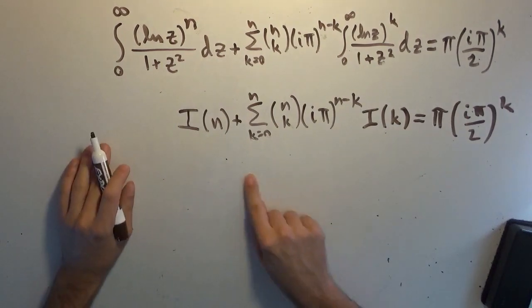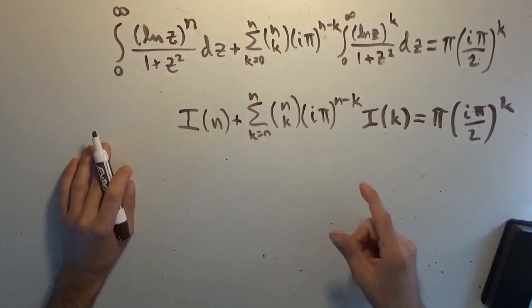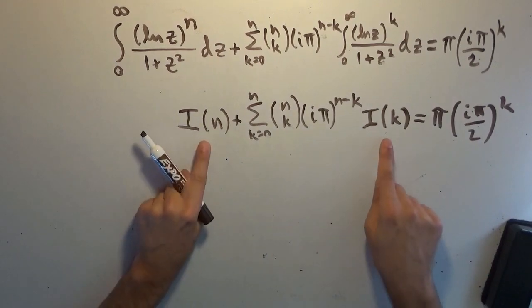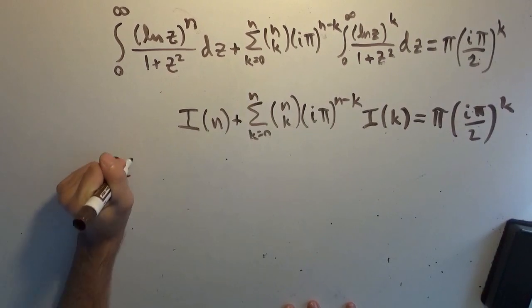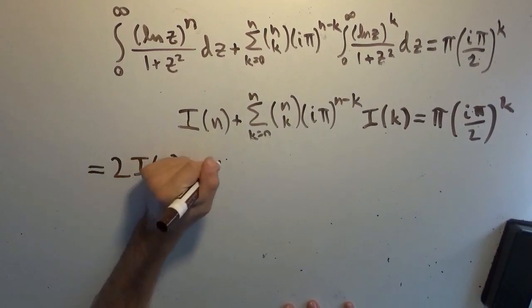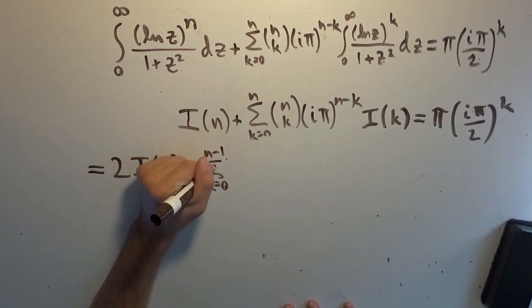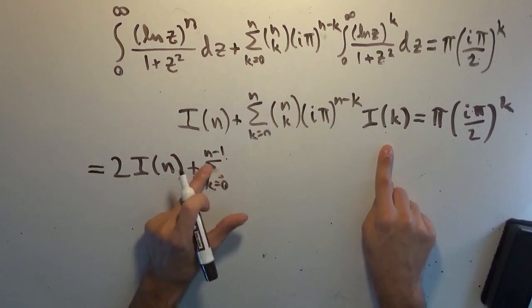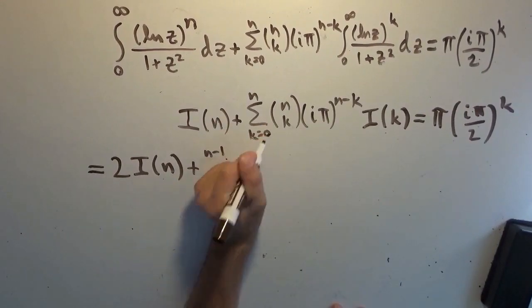So we can actually pull it out and rewrite the top index as n minus 1, because now the sum is only going to n minus 1, and we can add the two I n terms together. So we're going to get 2 times I of n plus the sum k equals 0 to n minus 1 now, because we removed the nth term, right? We plugged n into all of it, sort of evaluated what it was, and removed it from the sum.